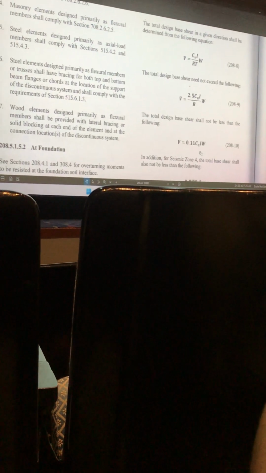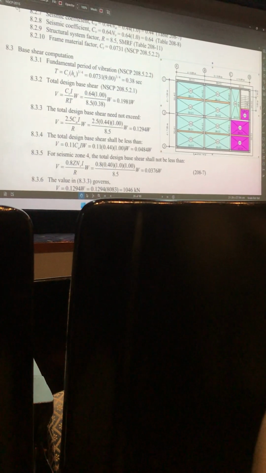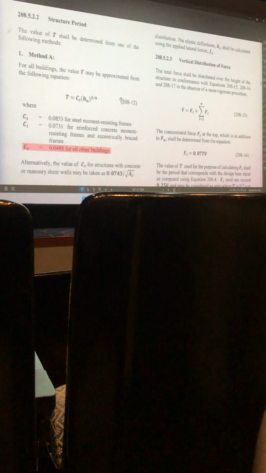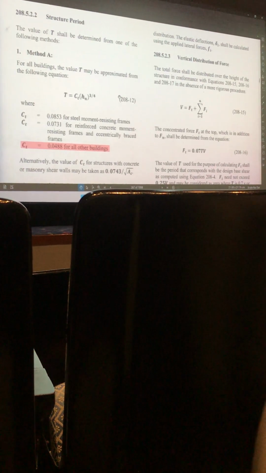So maximum, minimum, and additional minimum for seismic zone 4 given by equation 28-11. Okay? So first, what we apply here, we calculate the fundamental period. For determining the fundamental period, there are two methods.